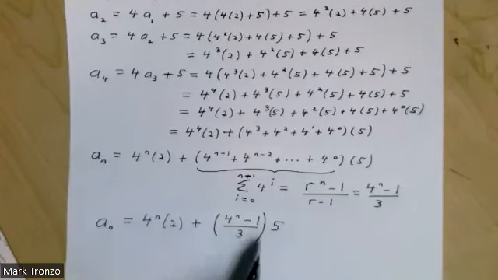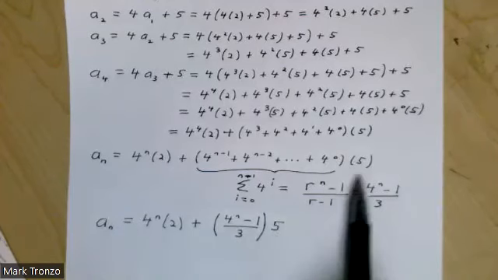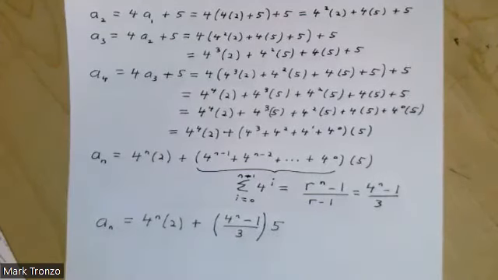And so we have this equation right here. So again, all I did was took this 4 to the n minus 1 over 3 times 5. And that's our answer. Now it would be helpful to reduce this more if you're able to.